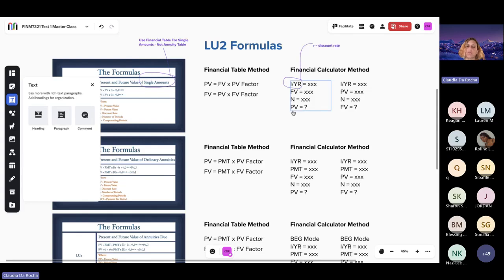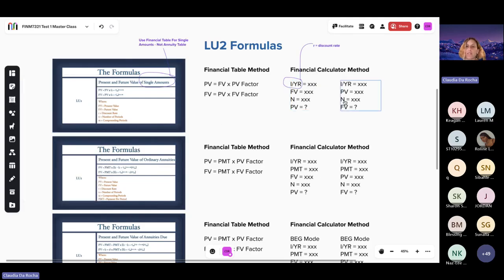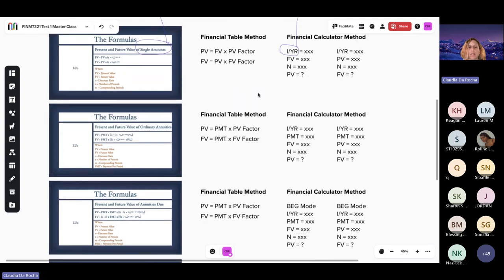You get marks for just writing down these elements and then the values next to them. If you just put the answer PV and it's not right, and there's none of these there, marks can't be given to you. At least if you get some of this right, you can get some marks. So please make sure that you always include that for your financial calculator.